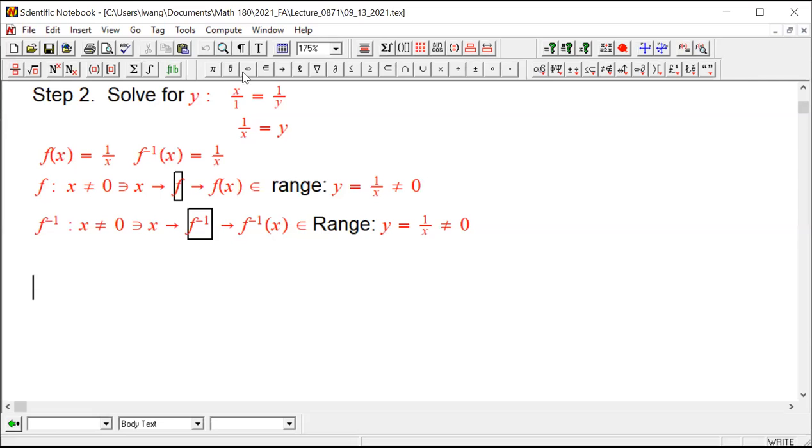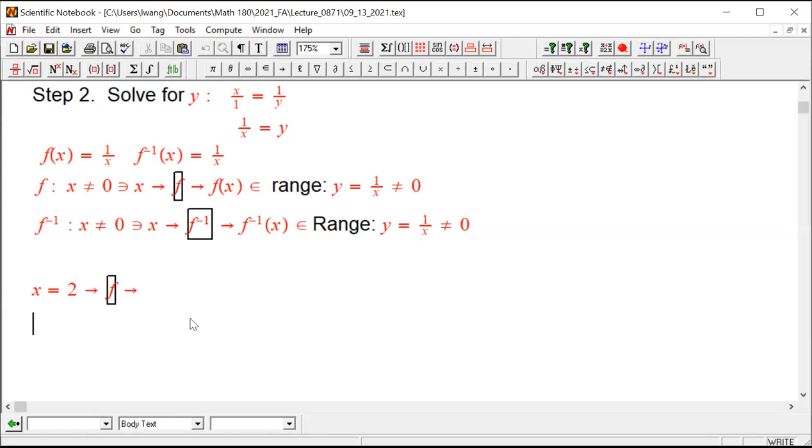So what I'm going to do is give you an input. The input I'm going to choose is x equals 2. This number is going to be given to f, and you're going to tell me what the output will be.